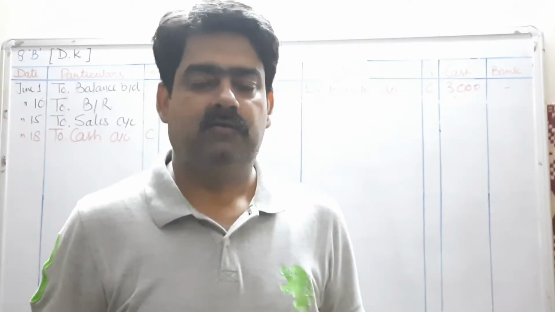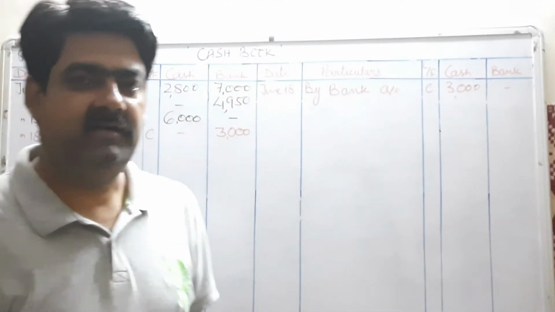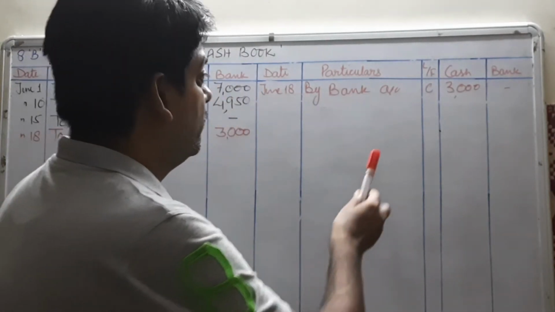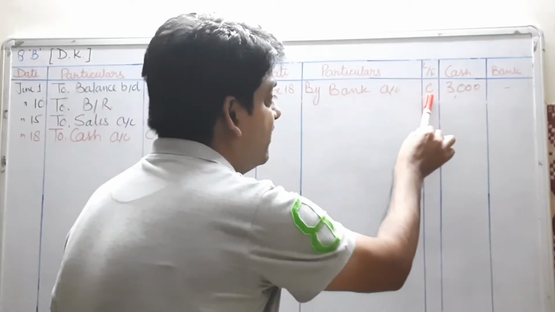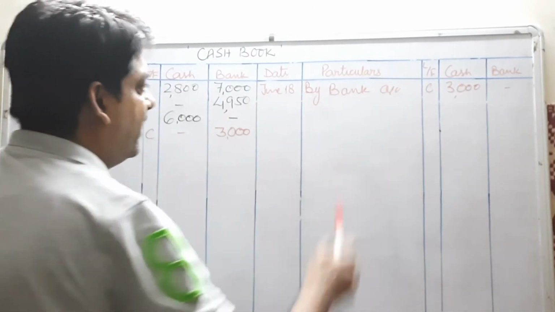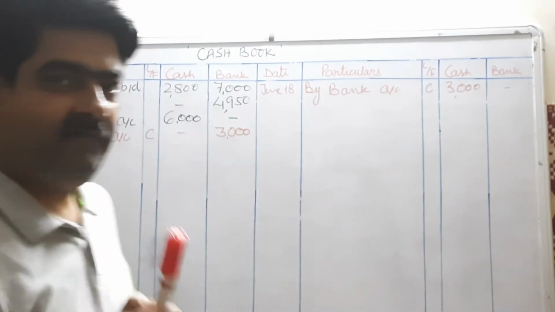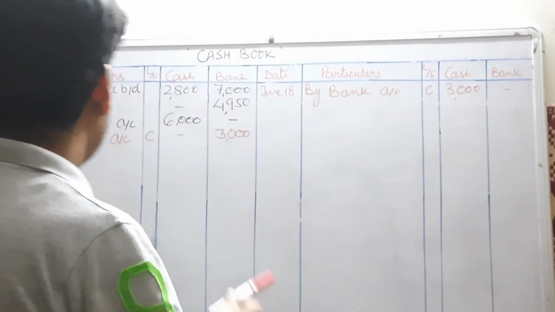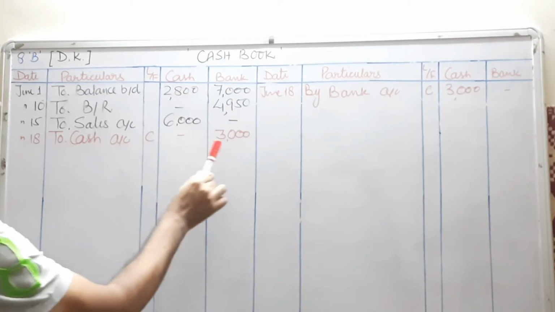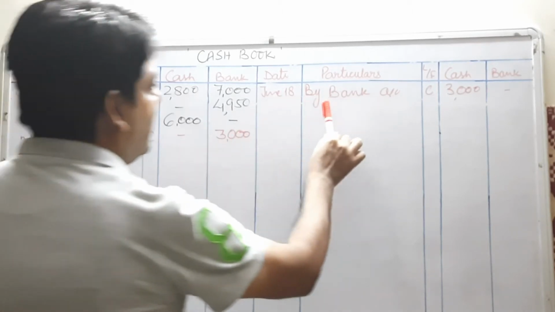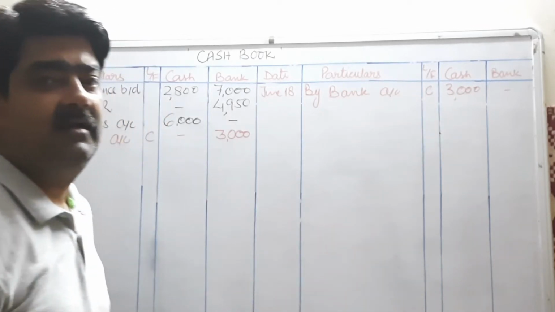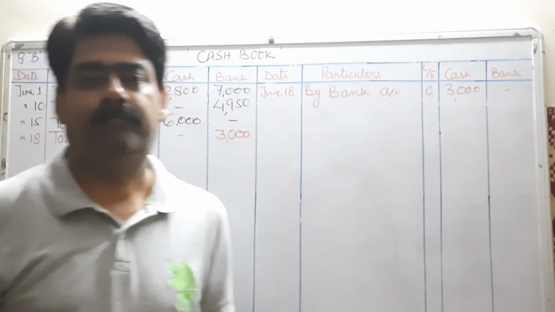So always remember one thing, my dear students, whenever you write treatment of contra entry, don't forget to write C in ledger folio column, debit side as well as in credit side. And always remember one more thing, when you will write treatment in debit side, suppose you are writing to cash, so amount will come in bank column, and if you are writing treatment in credit side by bank, in this particular case amount will come in cash column. Okay.